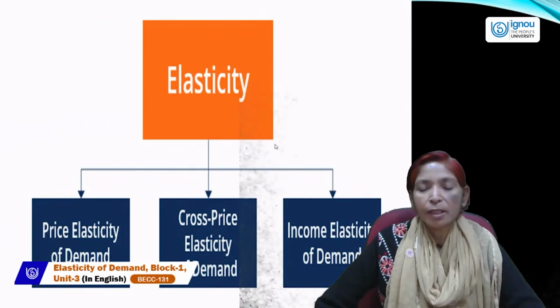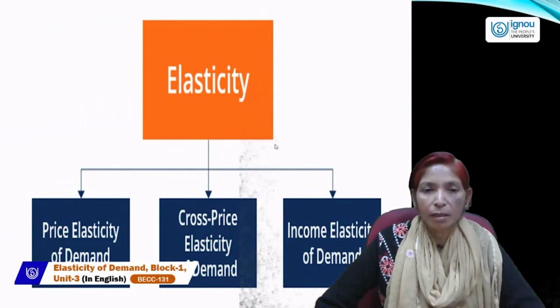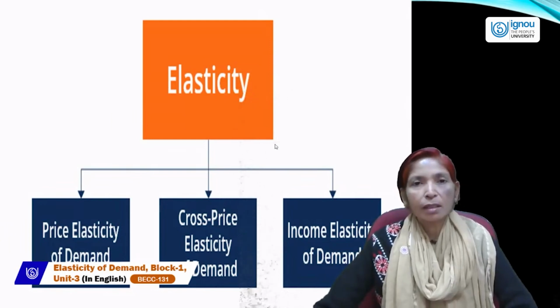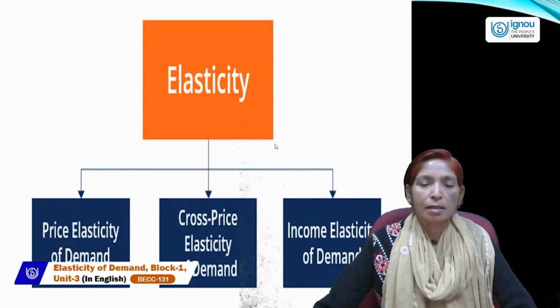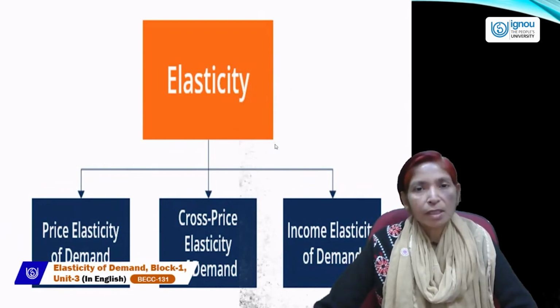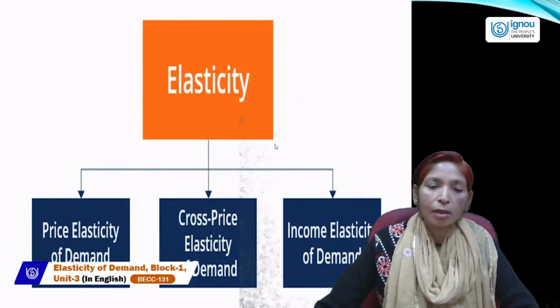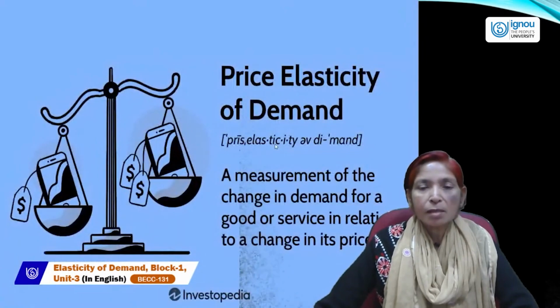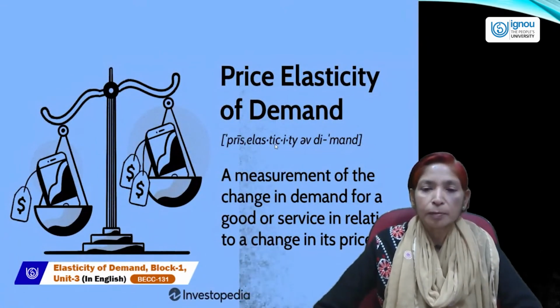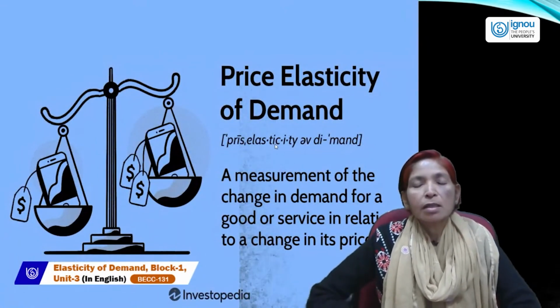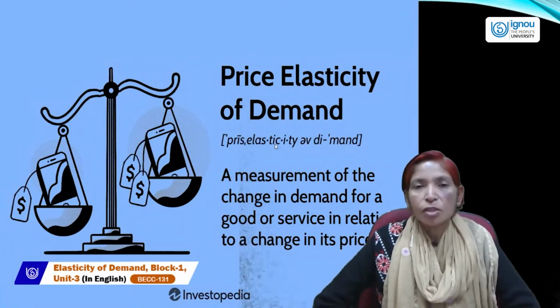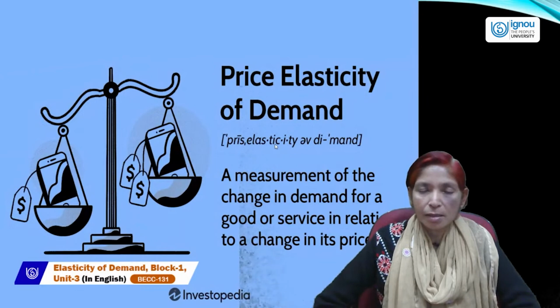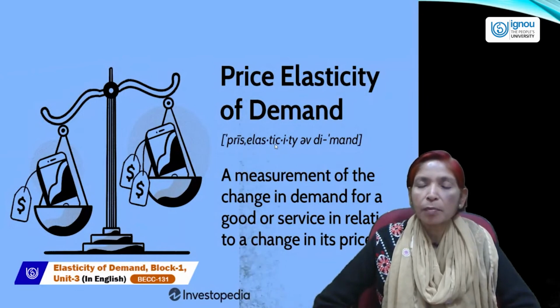So all these three types of elasticity of demand are very important. These are the three broad categories of elasticity. We will discuss all these types of elasticity one by one. Number one is price elasticity of demand. Here, price elasticity of demand refers to the responsiveness of change in demand due to a percentage change in price.